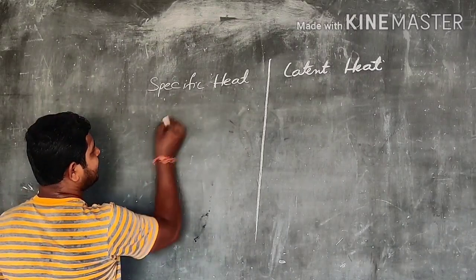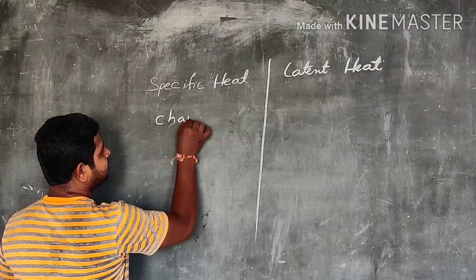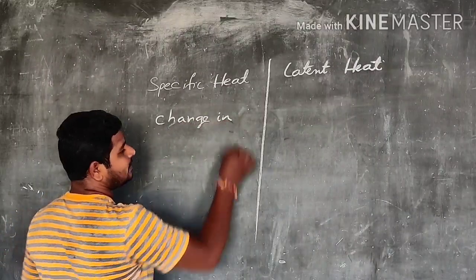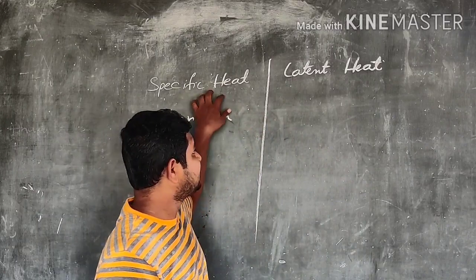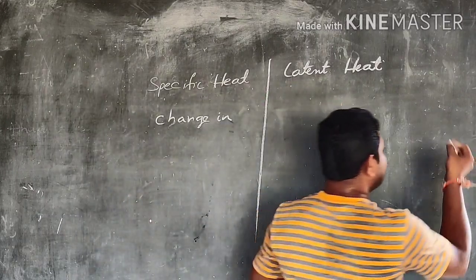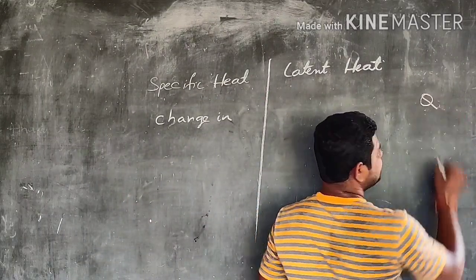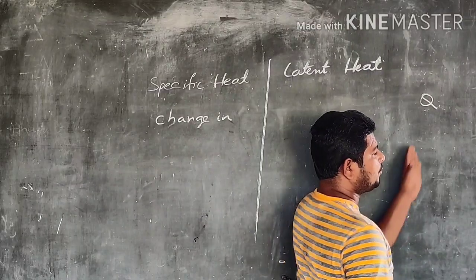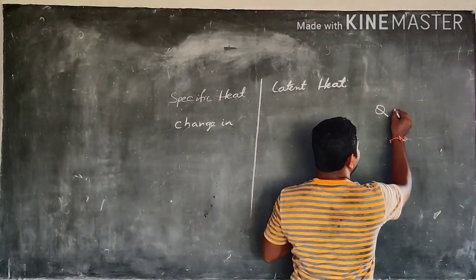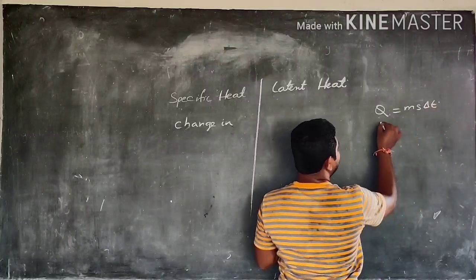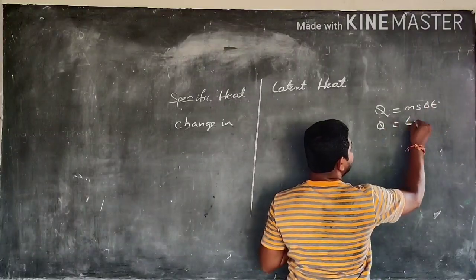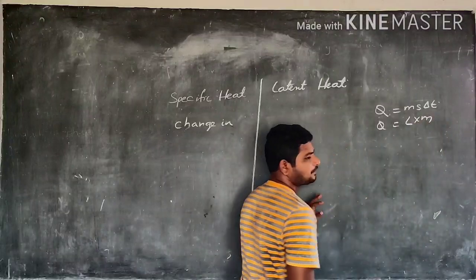You use specific heat when there is change in temperature. In problems, I am talking about the use of formulae including specific heat and latent heat. For example, in 10th class, in order to find the quantity of heat, sometimes you use the formula ms delta T, and sometimes you use the formula latent heat into mass.